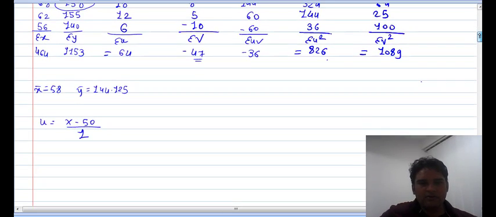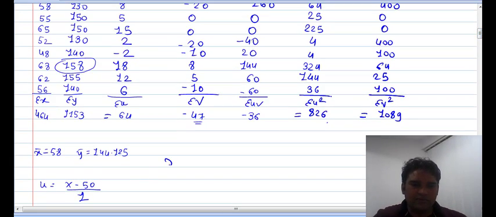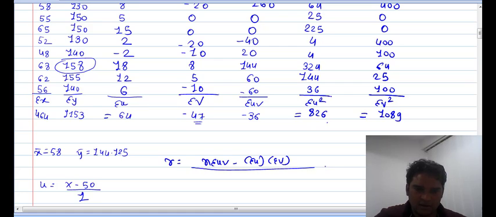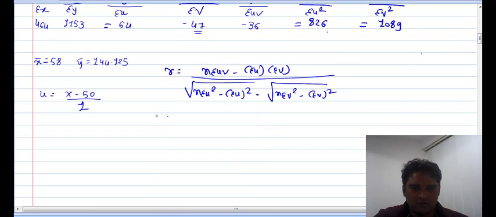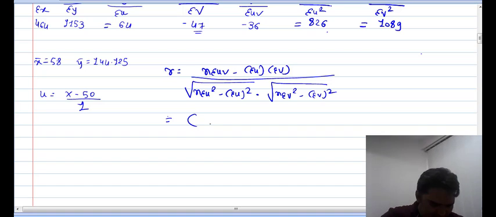Now you can see we have all the values, so we will apply the formula: n sigma uv minus sigma u sigma v, divided by the square root of n sigma u square minus sigma u whole square, multiplied by n sigma v square minus sigma v whole square. So what is n? My n is 8.